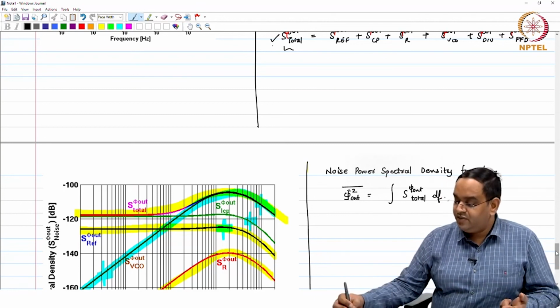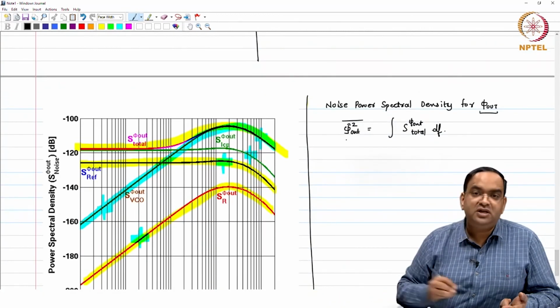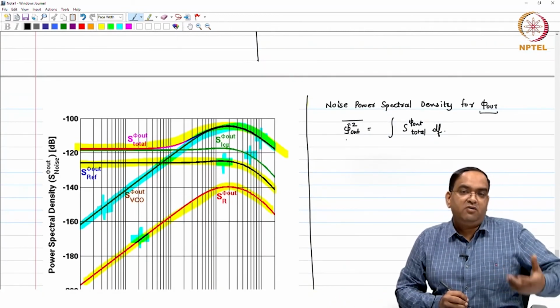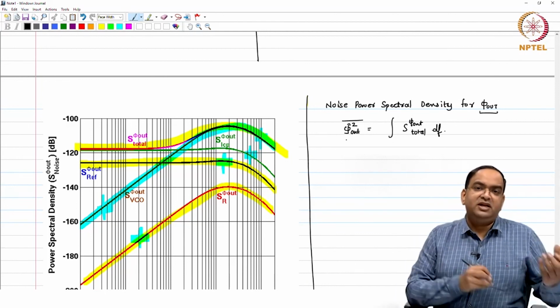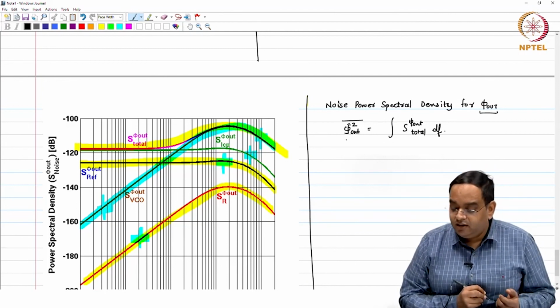We will get the mean square value. We know that the area under the plot in the frequency domain will give us the power of the signal in the time domain.